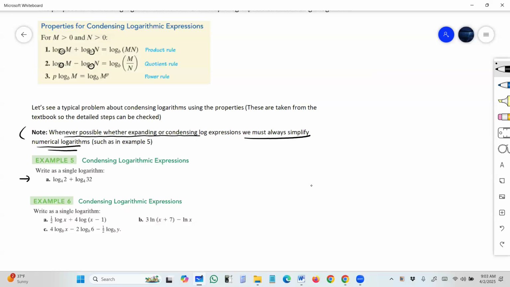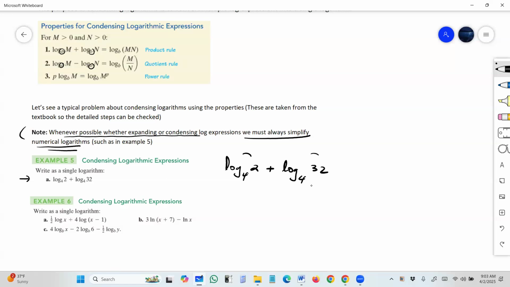Both are taken from the textbook, so you can see the details over there if what I'm reviewing here is not enough. All right, so let's take a look at log base 4 of 2 plus log base 4 of 32. When we have a problem like this, before we evaluate each log, in this case neither one is possible, we want to condense them first.